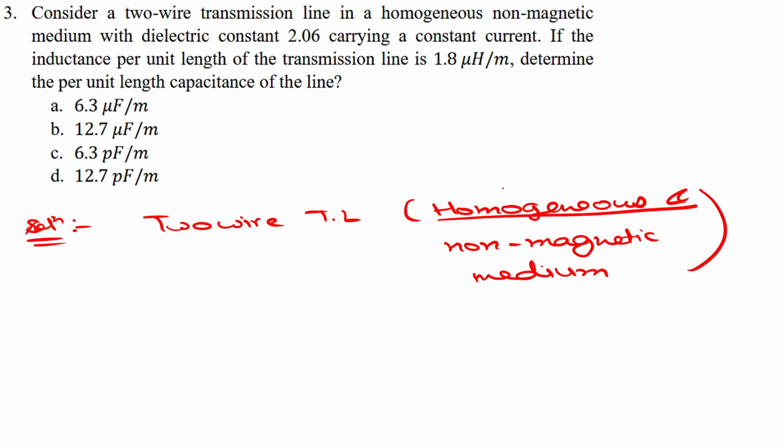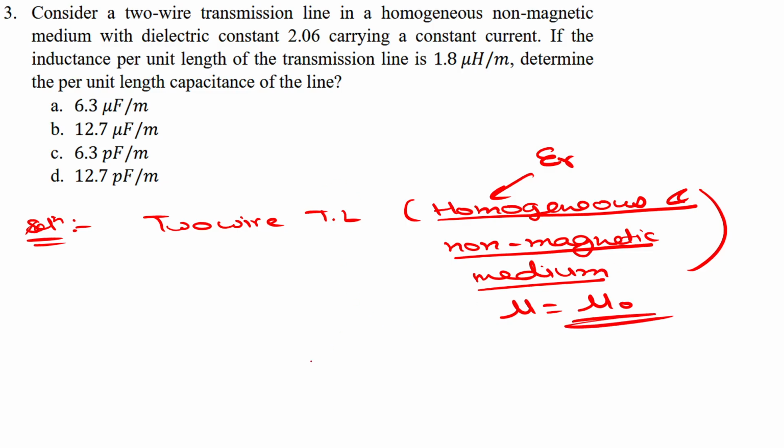Homogeneous means its dielectric constant epsilon r remains constant throughout the line, and non-magnetic means its mu is mu naught, its mu r is basically 1, since it is a non-magnetic material.